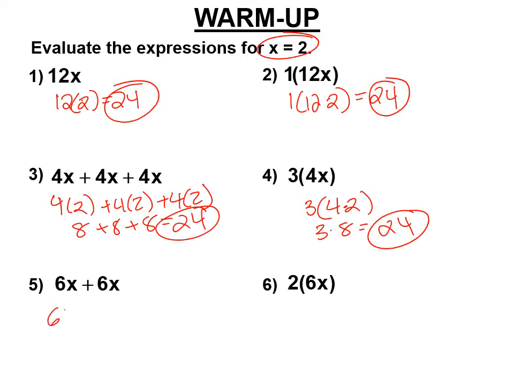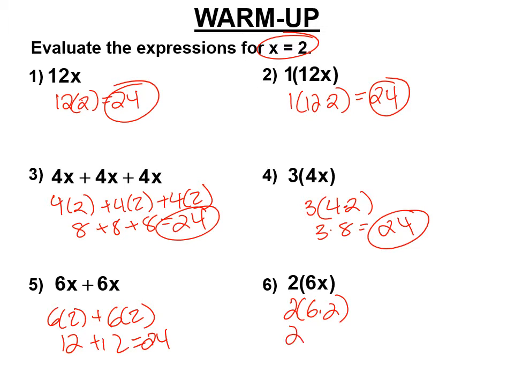This is 6 times 2 plus 6 times 2, which is 12 plus 12, also 24. And this is 2 times 6 times 2, and 6 times 2 is 12, so 2 times 12 is also 24. They're all 24.